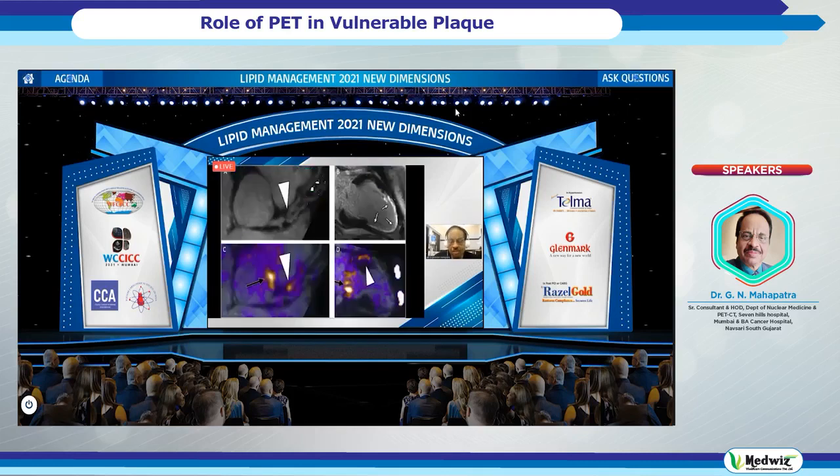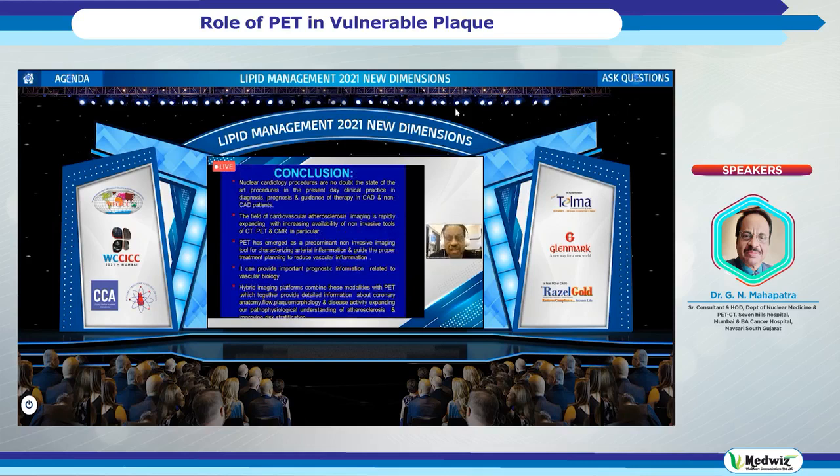Then I'll come to the conclusion slides. Nuclear cardiology procedures are no doubt the state-of-the-art procedures in present-day clinical practice in diagnosis, prognosis, and guidance of therapy in CAD and non-CAD patients. The field of cardiovascular atherosclerosis imaging is rapidly expanding with increasing availability of non-invasive tools, CT, PET, and CMR in particular. PET has emerged as a predominant non-invasive imaging tool for characterizing arterial inflammation and guiding treatment planning to reduce vascular inflammation.